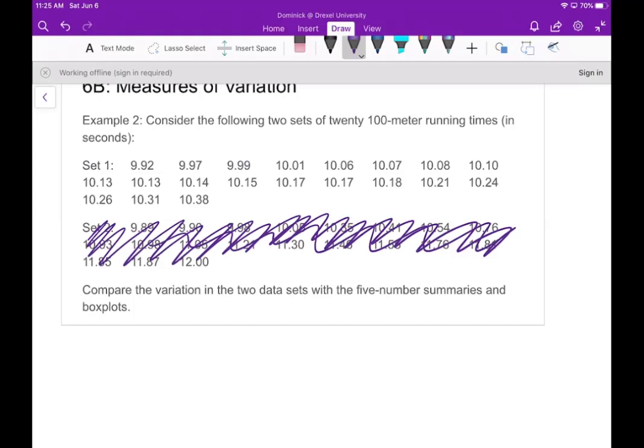Now we see that we have 20 data points. So when we find our lower and upper quartile, we will need to use the median in our group. All right, but anyway, let's find the median. Right, so if we want to do that, I'm going to cross off low, high until I can't anymore. And I think these are all in order.